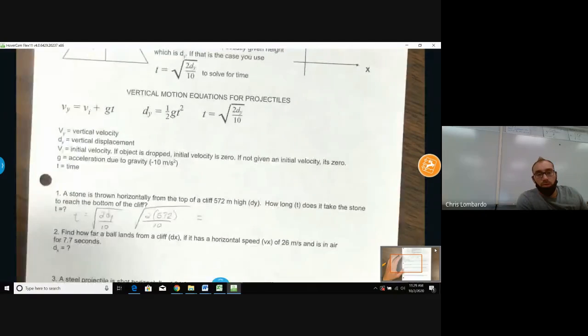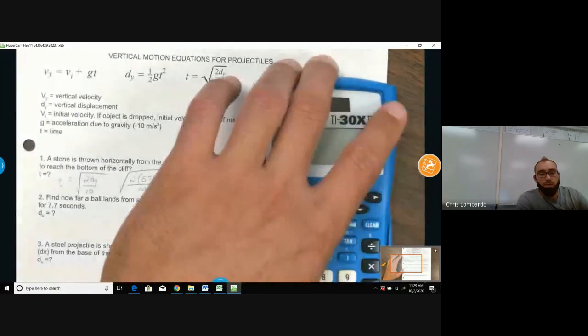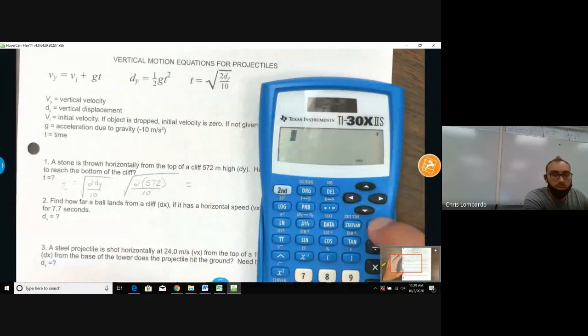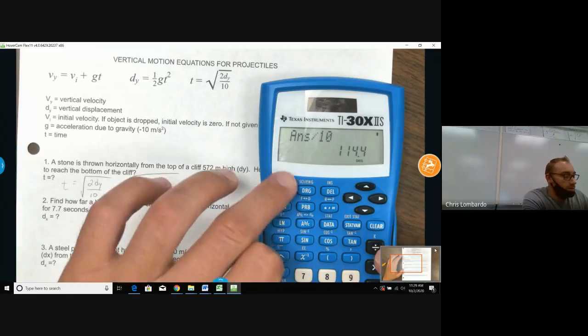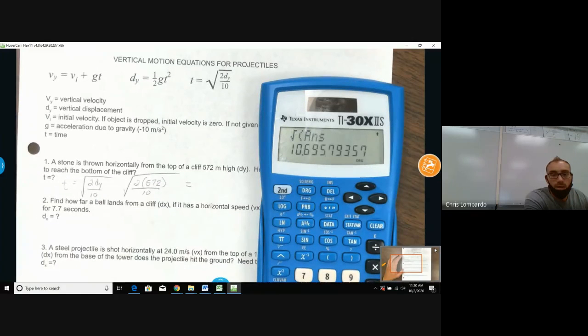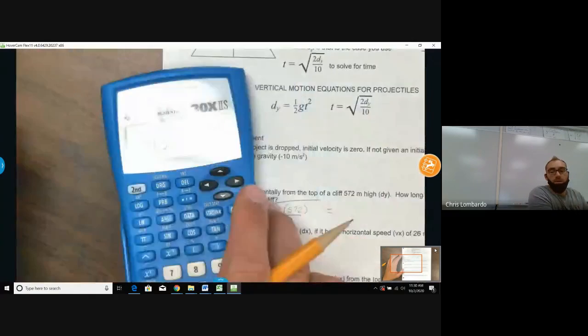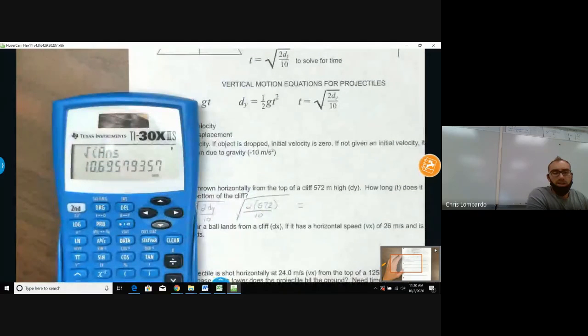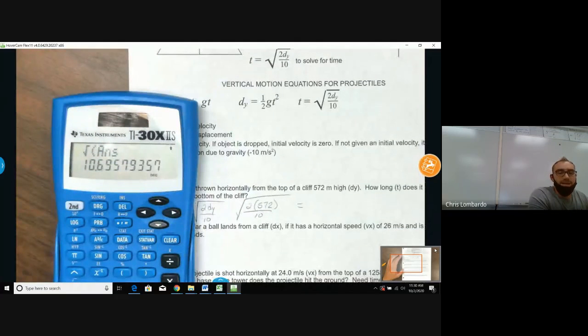And then we're just going to need to punch that into a calculator. Make sure you do everything that's under the square root first. So 2 times 572, divided by 10, square root. You're going to get an answer of 10.695.